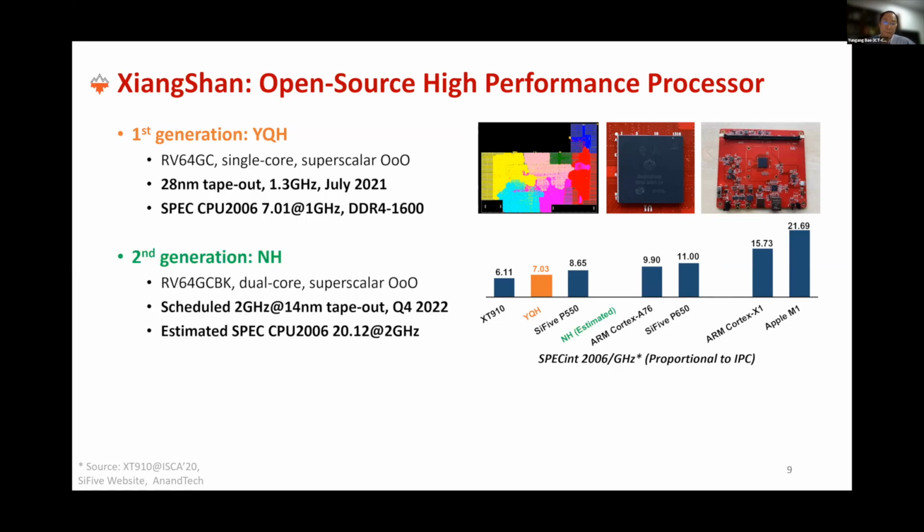Then we built the second generation, NANHU, and the performance is triple that of the Yanxihu. It can achieve about 20 points at 2 gigahertz, and it will be taped out with 14 nanometer technology.